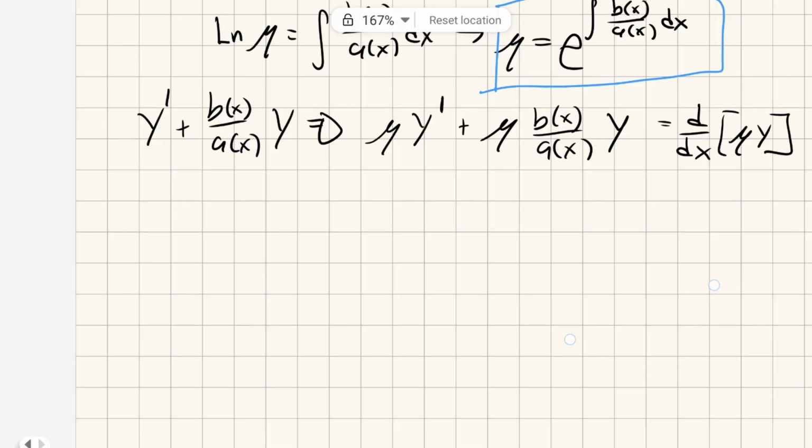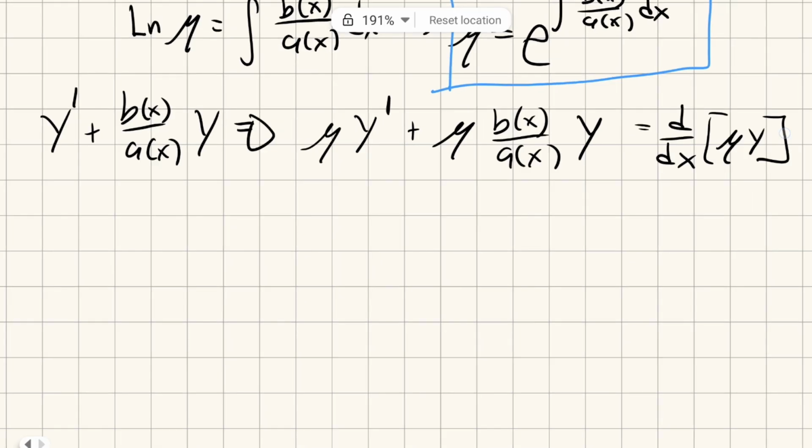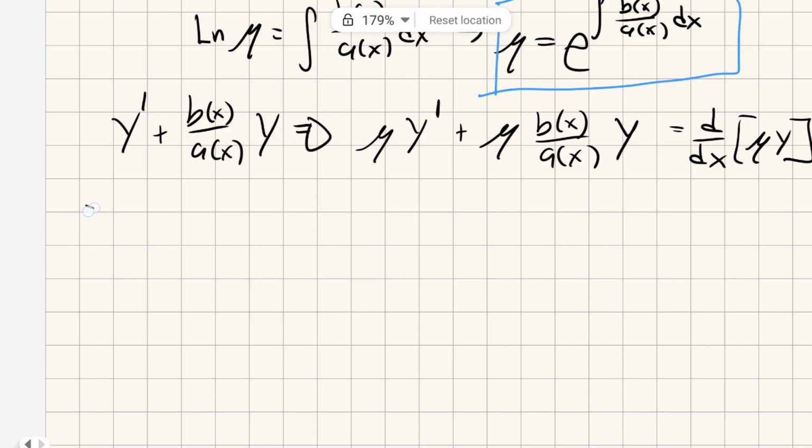Okay, perfect. So recall that upper y is equal to y prime. So this is equal to the derivative with respect to x of mu y prime, little y by now.